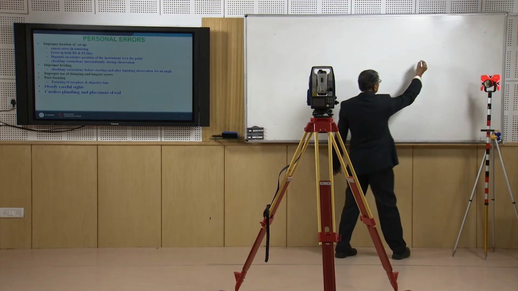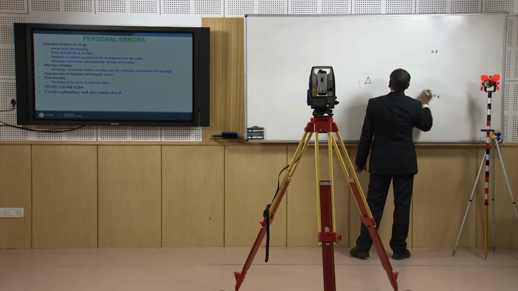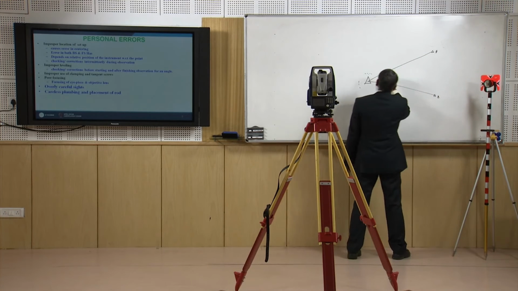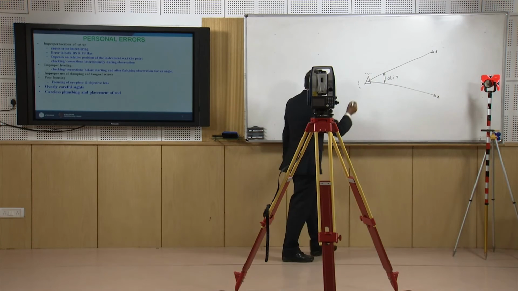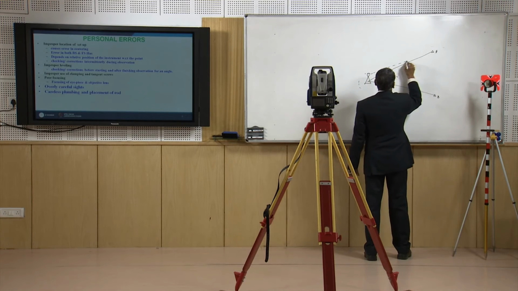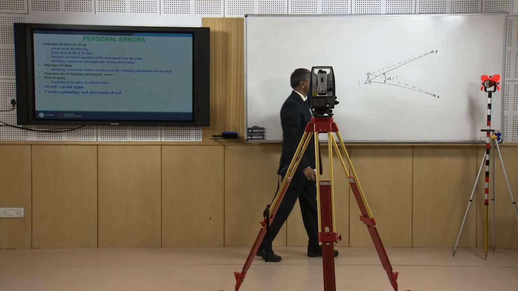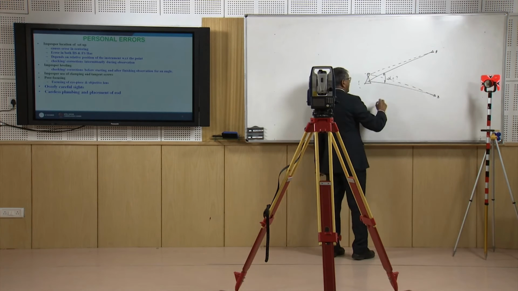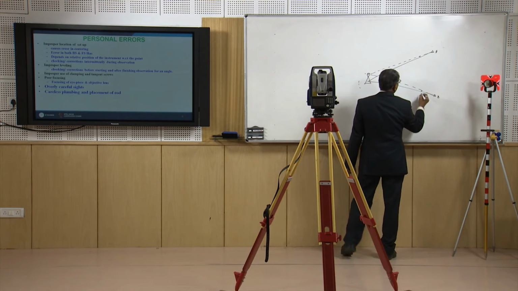So, with the objects here, A and B, between which we want to find out the angle, this is the angle we want to find out, but as we have set up the instrument in this location, we will get the angle like this. So, you can see that this is the error, this is the error, and this is the error.